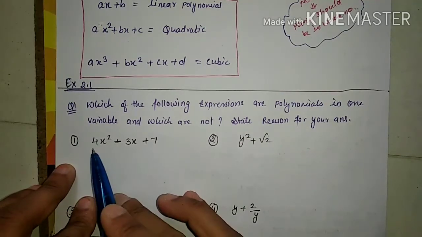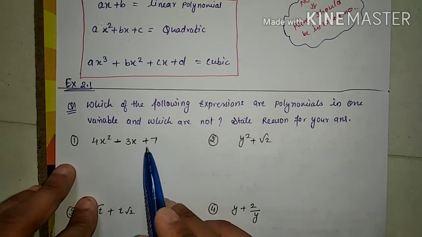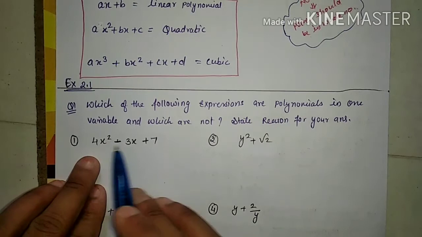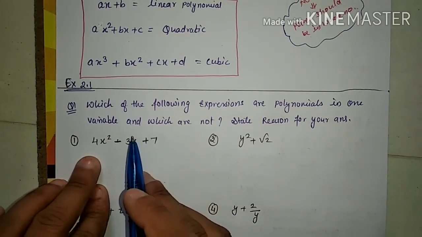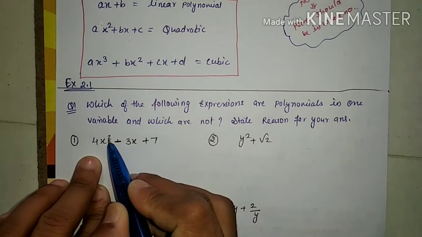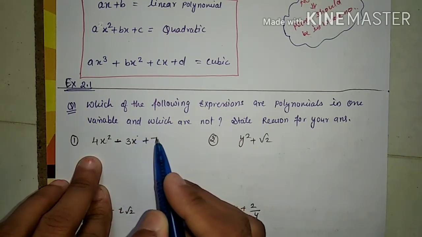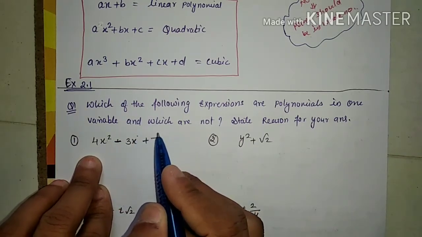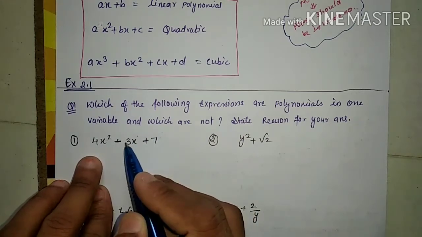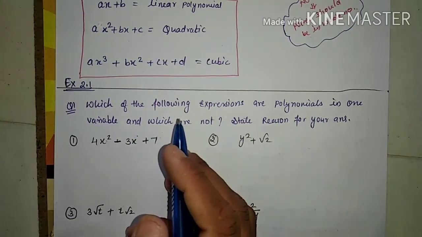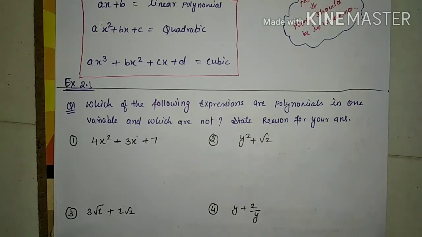Just see. 4x^2 - 3x + 7. See, this is my polynomial. How can I say? Because the powers are whole numbers. The 2 is a whole number, 1 is a whole number, 0 is a whole number. If there were a negative power, then I would not say that this is a polynomial. So what is my answer to this question?